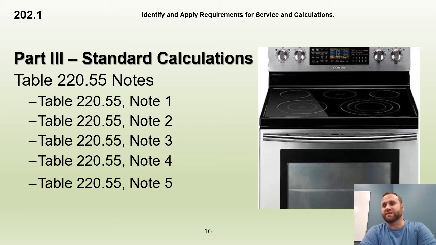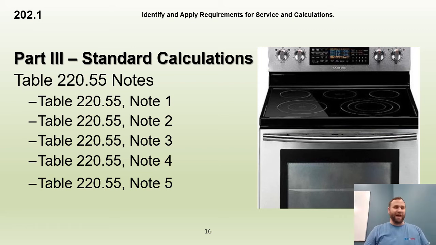I now check to see if I can use note number 3. Well, I go down to note number 3, and before we get into note number 3, long story short, no, I'm not allowed to use note number 3 for one electric range at 9 kW. It doesn't meet the criteria. So I use column C, 8,000 watts. That's how many watts I'm going to include in my service calculation for that feeder and that service.